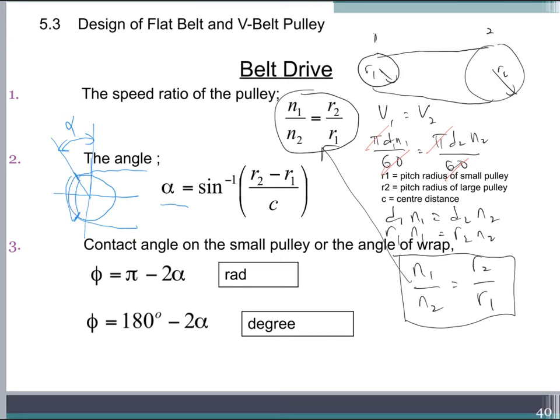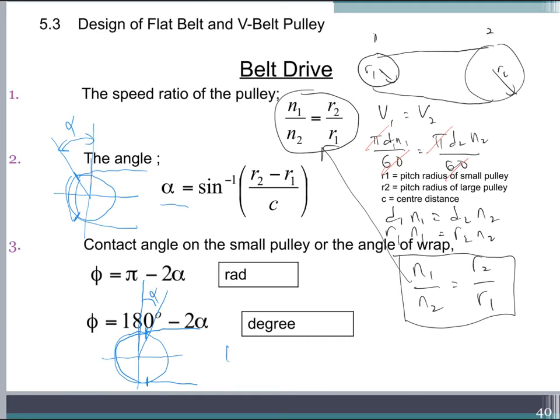If, for a large pulley, let's say we have a large pulley, usually the angle of contact for a large pulley is larger, like here. So join here, and then this angle will be our alpha.